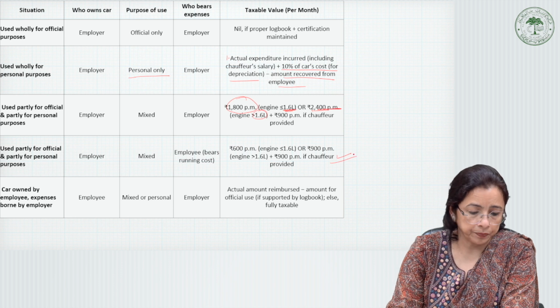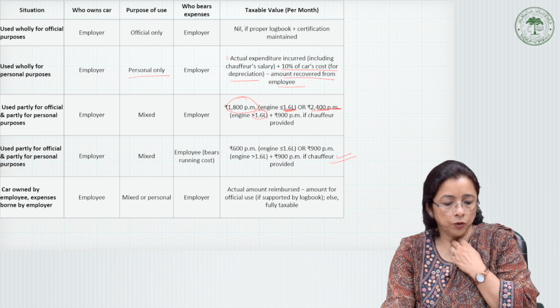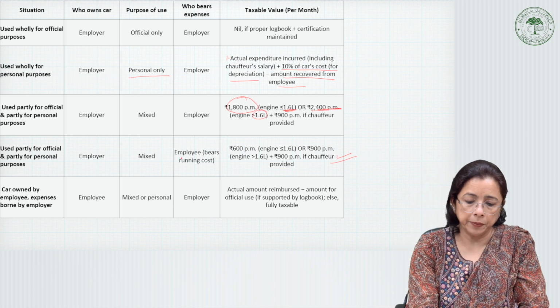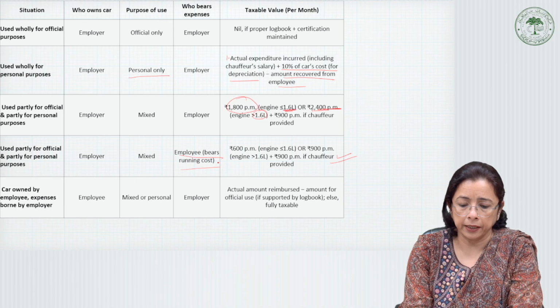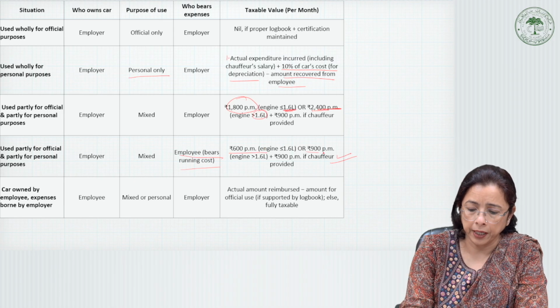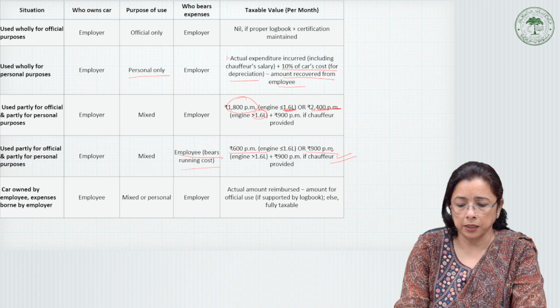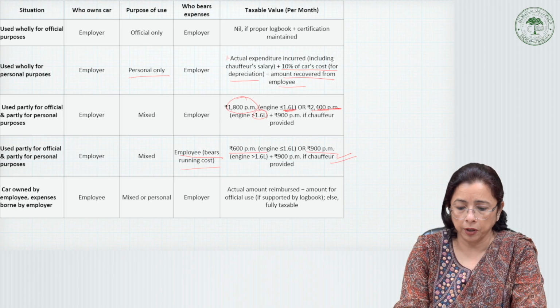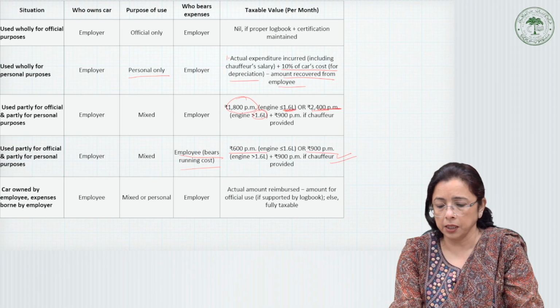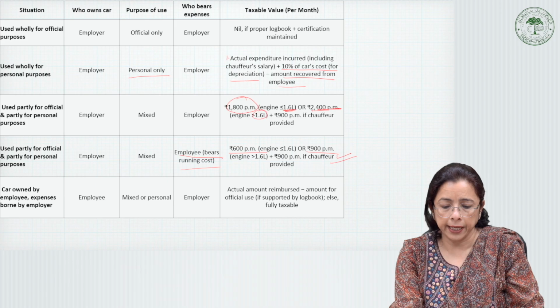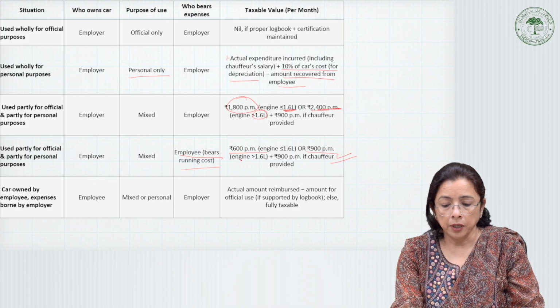So the employee is bearing the running cost, and then he has to pay. If it is a large car, with the engine beyond 1.6 liter cc, it is 900 per month, and if it is less than that, then it is rupees 600 per month.